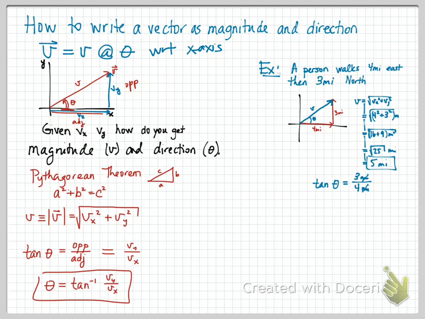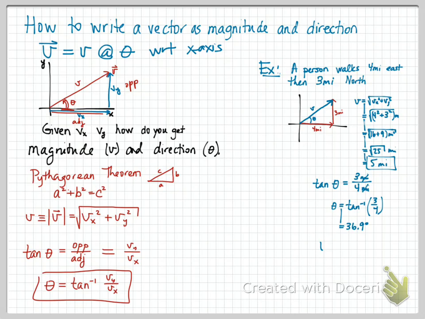So the units cancel, so that's good. So the theta is the inverse tangent of 3 over 4. Plug that into your calculator, and that turns out to be 36.9 degrees.